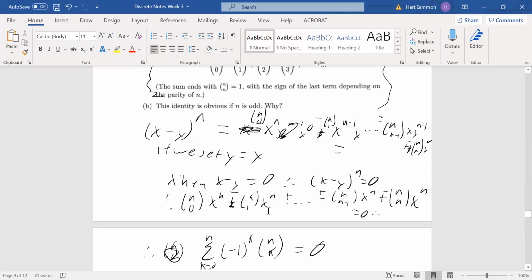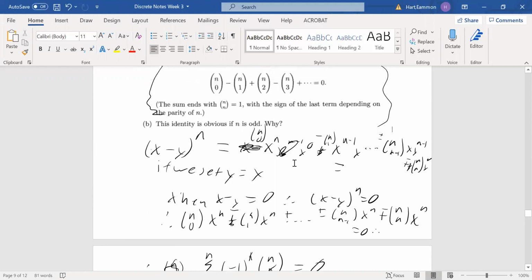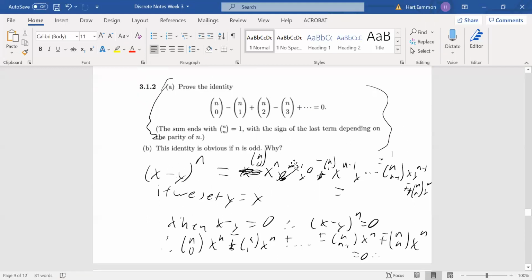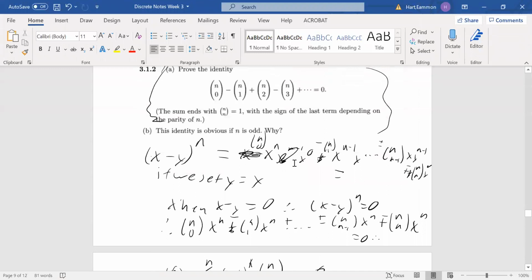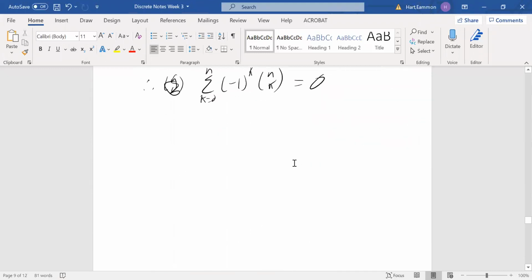So because x can be anything, we can set x to 34, and we still have to have that this is equal to 0. Why is this obvious when n is odd? When n is odd, it's even more obvious because, well, let's just show it for the case of n equals 1, and then we'll show it for n equals 3.